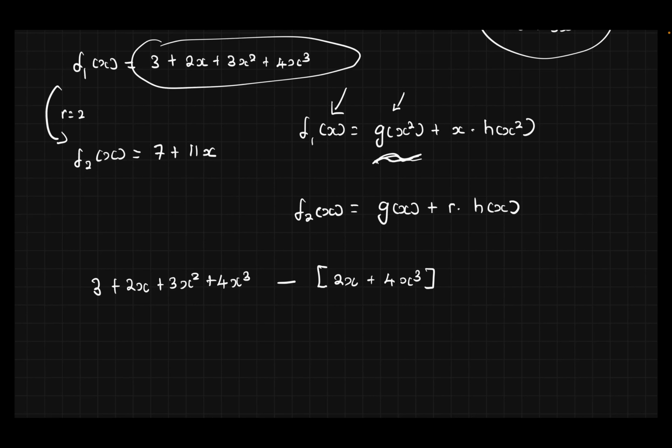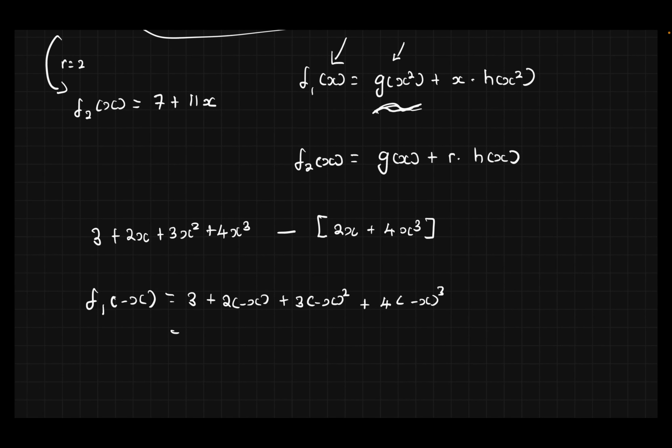Are you getting it? So let's say I evaluate this f1 at minus x. Anywhere there's x, I'm going to replace it with minus x. So this is going to be 3 plus 2 times minus x, plus 3 times minus x raised to the power of 2, plus 4 times minus x raised to the power of 3.